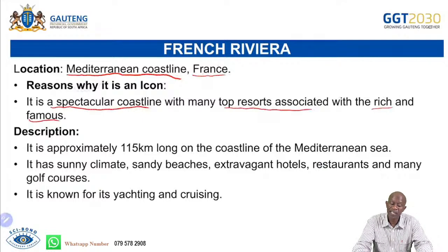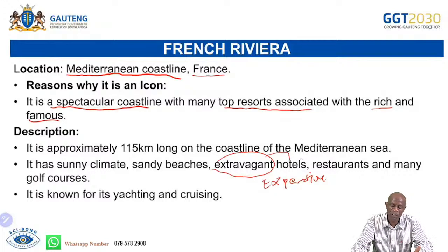It is approximately 115 kilometers long on the coastline of the Mediterranean Sea. We have already alluded to that. It has sunny climate, sandy beaches, extravagant hotels, restaurants, and many golf courses. Extravagant here meaning that it has expensive hotels where people who want to waste money will accommodate themselves or book themselves in such hotels.